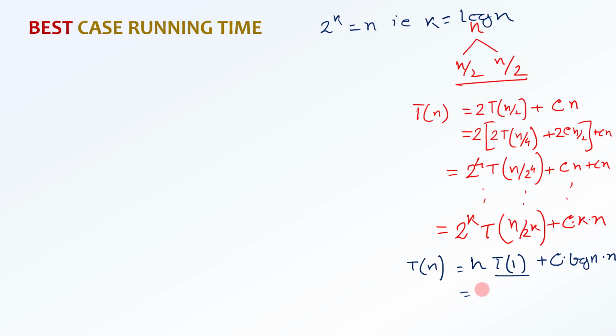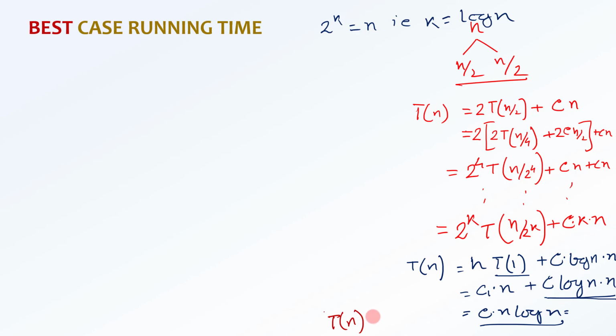So in that case, this is equal to c1 into n plus c log n into n. Here the dominating term is c log n, so we can write it c n log n. So we can write the running time T(n) is equal to order of n log n.